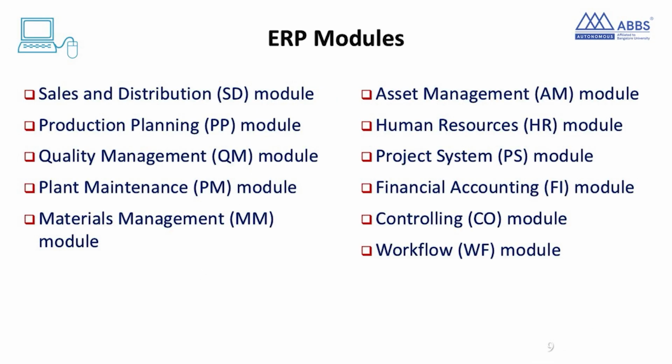In general, when we look at some of the ERP modules, we can list them as the sales and distribution module, which is called the S&D module, materials management module, production planning module, quality management module, plant maintenance module, asset management module, human resources module, project systems module, financial accounting module, controlling module, and workflow module. In general, the financial accounting and controlling modules are also called the FICO module. In finance they call it finance and control, the FICO module.